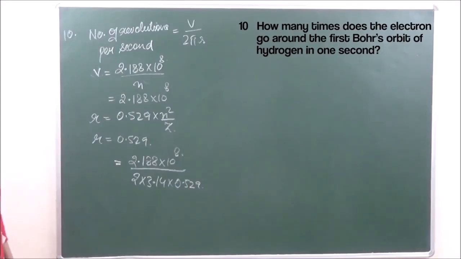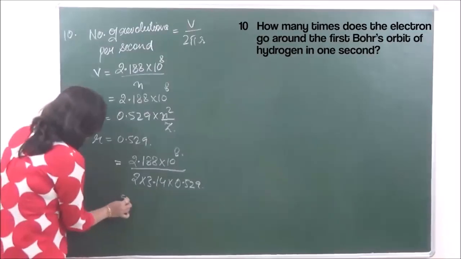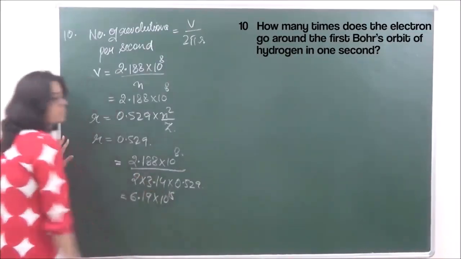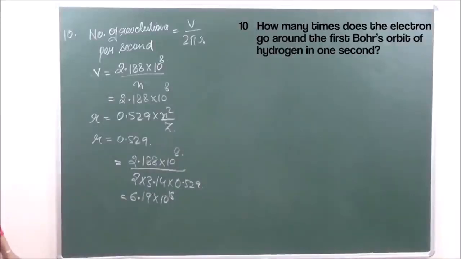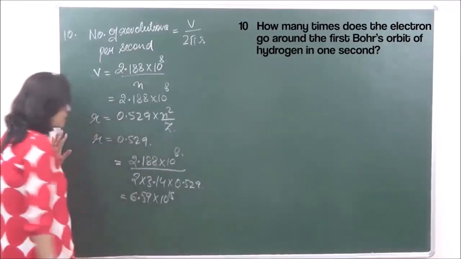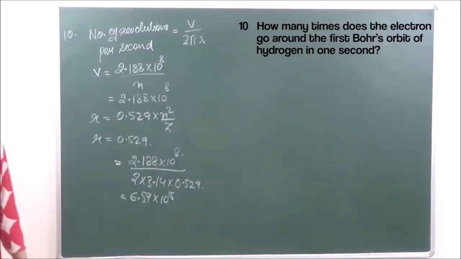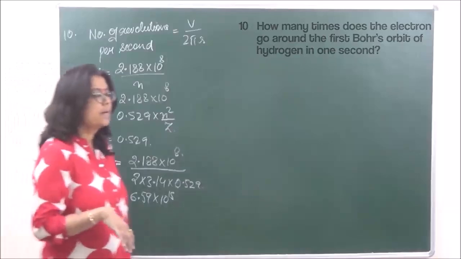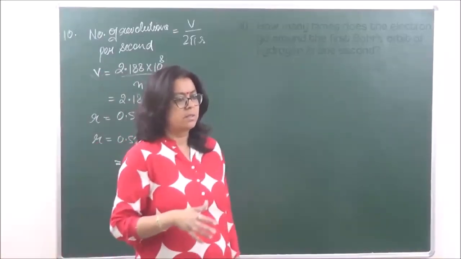So this when calculated, it comes to 6.59 into 10 raised to power 15 revolutions per second. Have you understood? So these are a few important questions from this section. Tomorrow we are going to start with our next model. Okay?